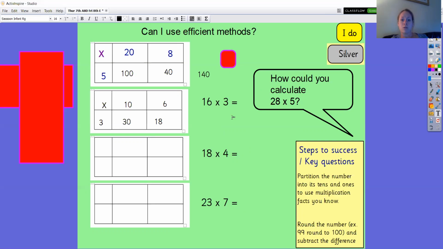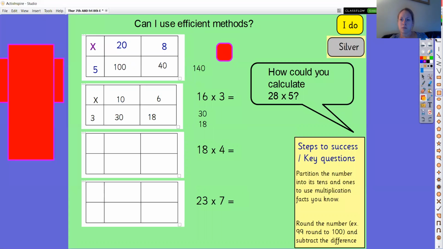If I didn't know that that was 48, then what I would do is I would just put 30, and then I'd put my 18 underneath, and then I would make myself a little column addition, which is a bit tricky on this screen, but I'll try.